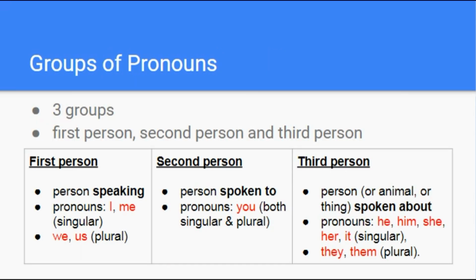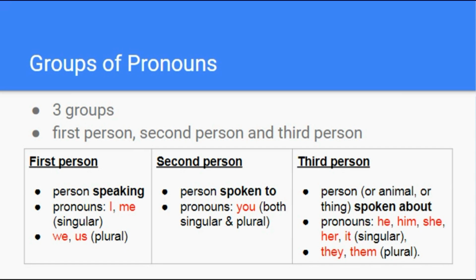Next is groups of pronouns. Usually there are three groups of pronouns: first person, second person, and third person. So all the personal pronouns that we have studied so far can be basically categorized in these three groups. First person is the person speaking.